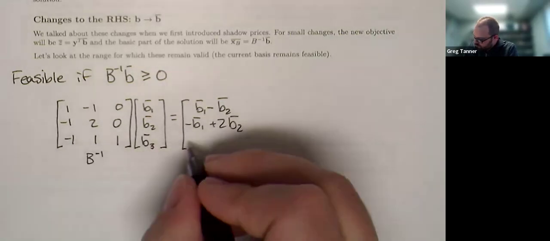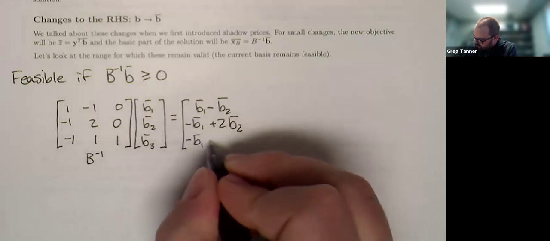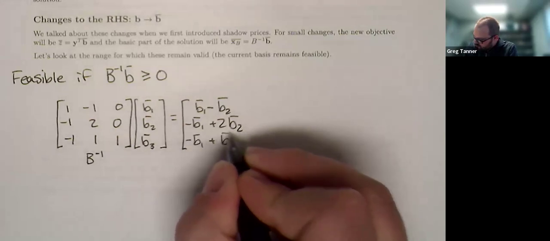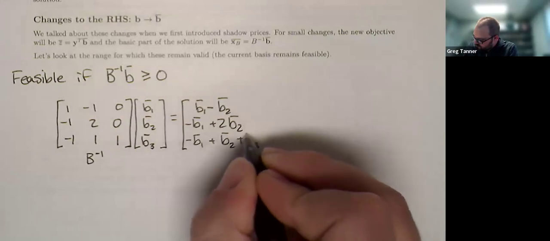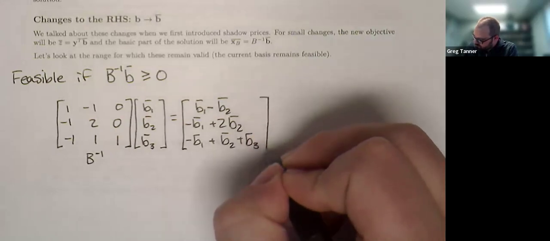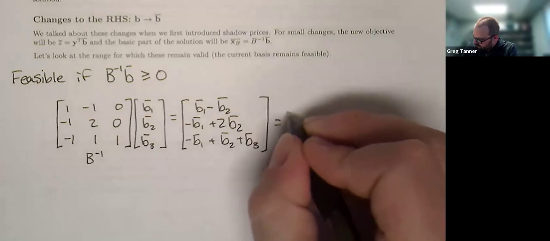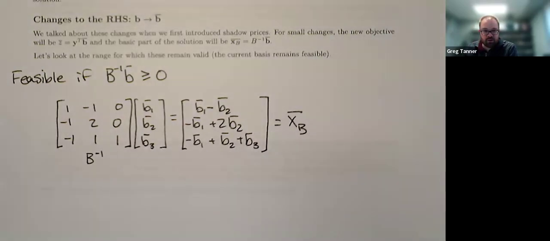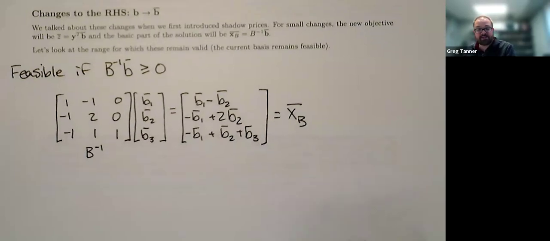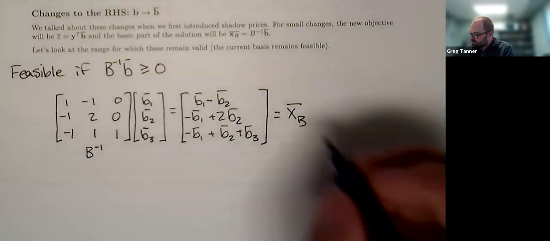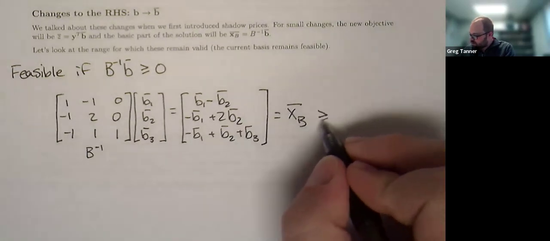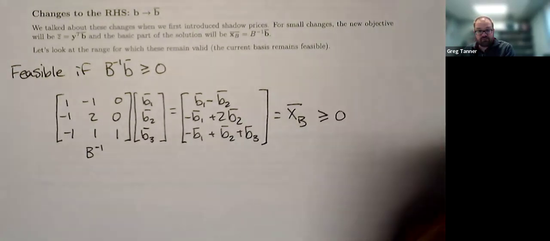And the last row will be negative B1 plus B2 plus B3. And this is our X bar B, our new basic solution after making a tweak to the right-hand side. We want that to be greater than or equal to 0 for us to remain feasible.